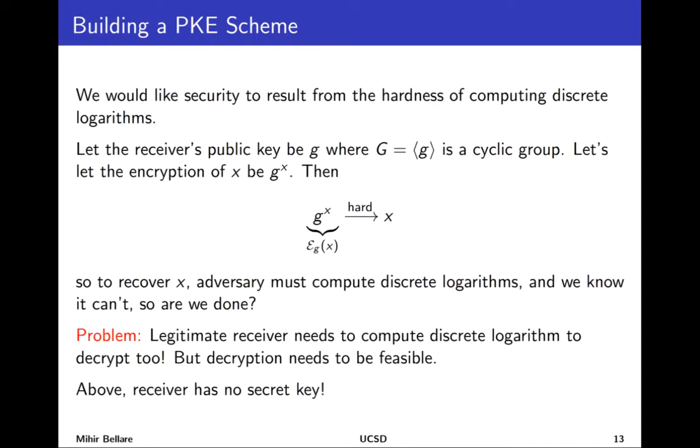In fact, the difficulty here is that, before we even get to security, we don't even really have a proper scheme. In particular, we've never said what the secret key is, and there seems to be no way to decrypt in this scheme. How is the legitimate receiver going to recover little x from g to the x?